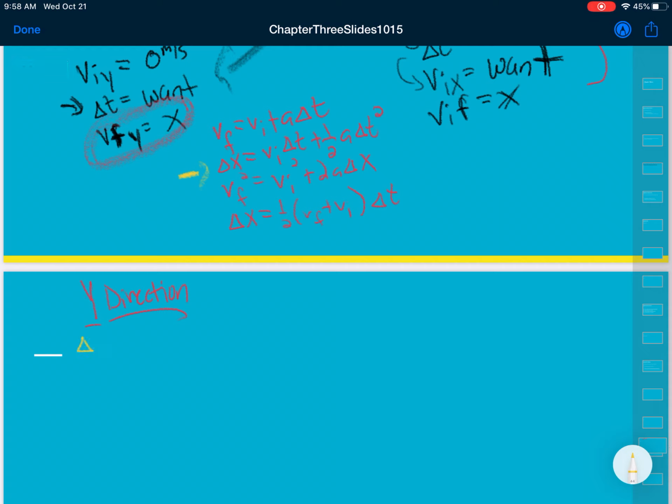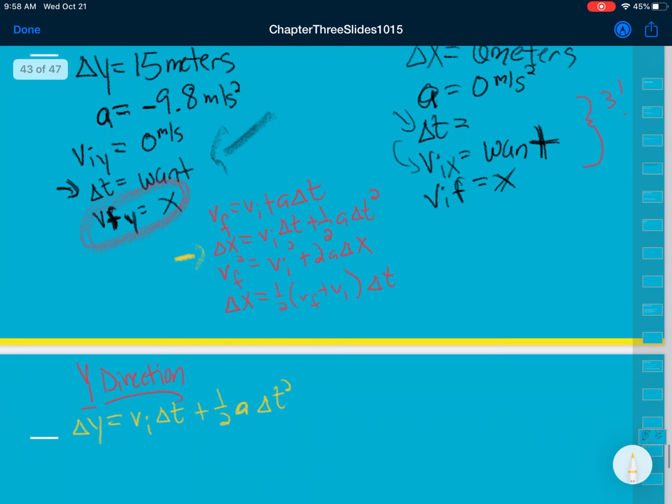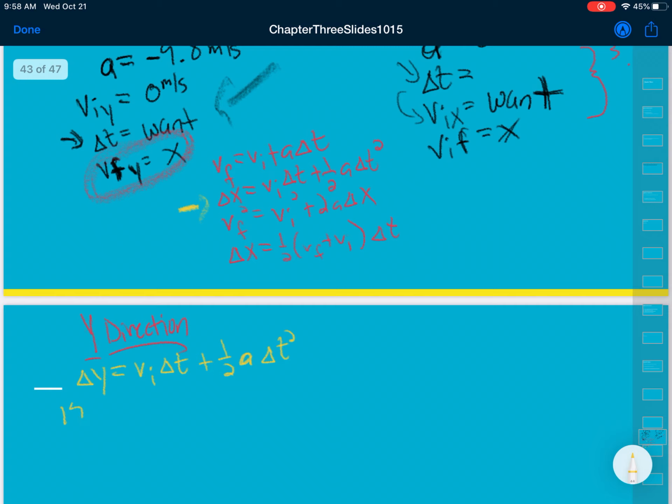So first I'm going to write out my whole equation. Delta Y equals VI times delta T plus 1/2 A delta T squared. Okay, so there's my equation. Let's go back up here. My delta Y is my 15 meters.